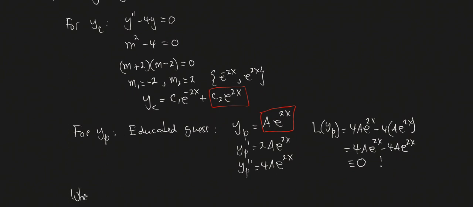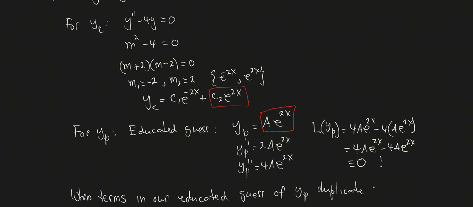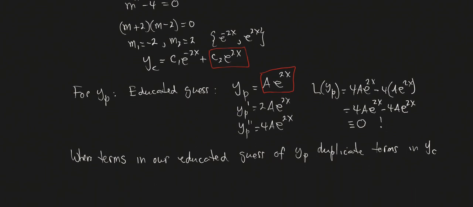So when terms in our educated guess of y sub p duplicate terms, and it doesn't have to be all of them, but some of the terms, at least one term, in y sub c, our guess has to be modified.